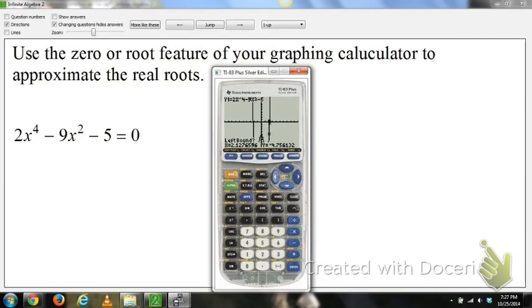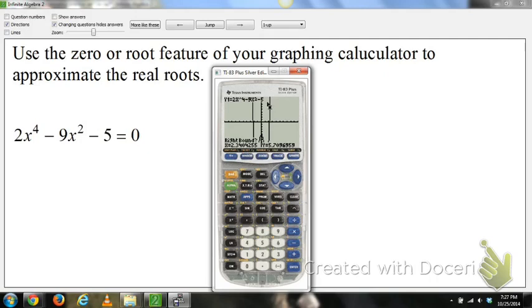And then when they ask for the right bound, I want to click somewhere up here because that's slightly to the right. So left bound, I think I'm all good. I'm going to hit enter. Now for the right bound, I'm going to right arrow past the 0.